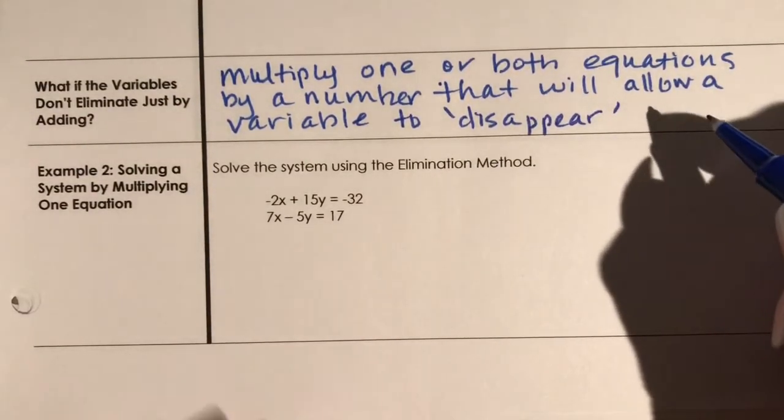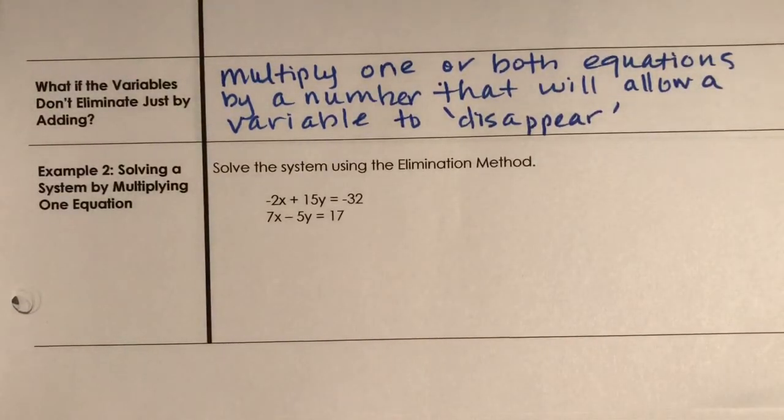So again, we are going to multiply one or both equations by a number that will allow a variable to disappear. So let's look at example 2.